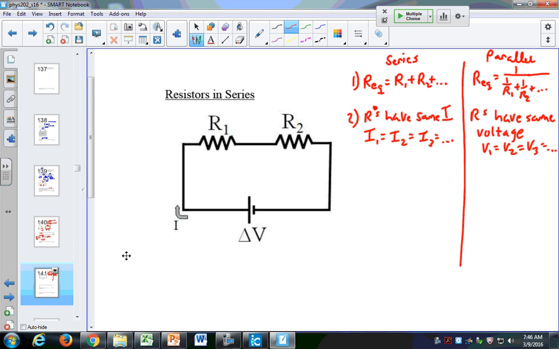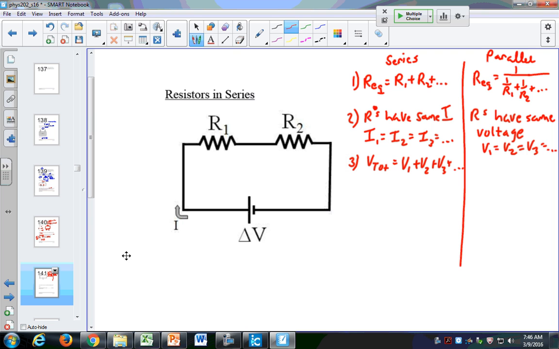The third rule is, for series, the sum of the voltages, the total voltage, is equal to V1 plus V2 plus V3 plus however many we have. We had that for capacitors as well. If I had two capacitors in series, their voltages had to add up.